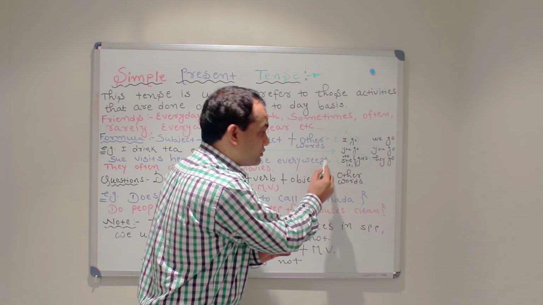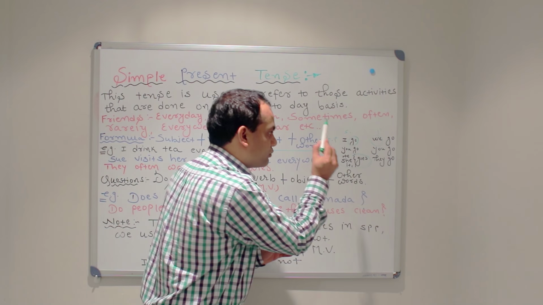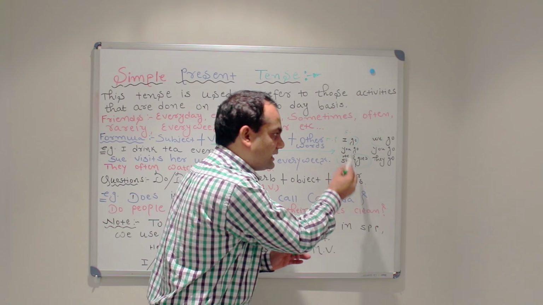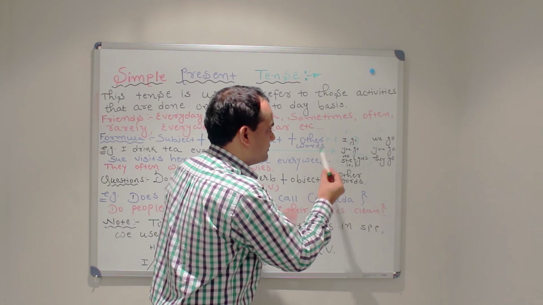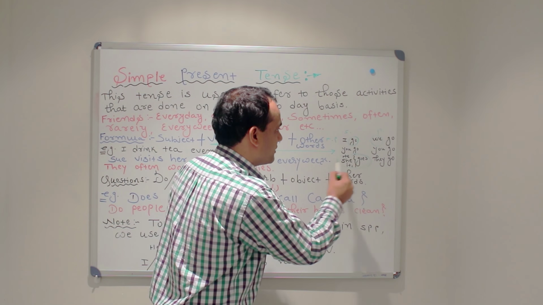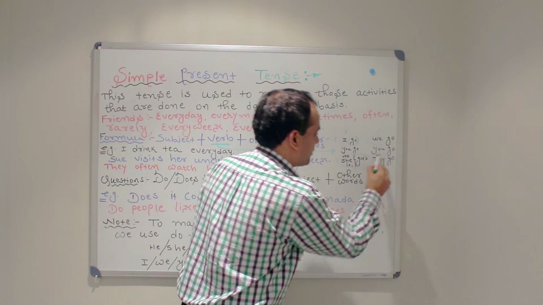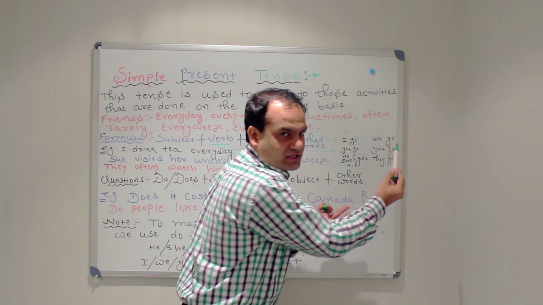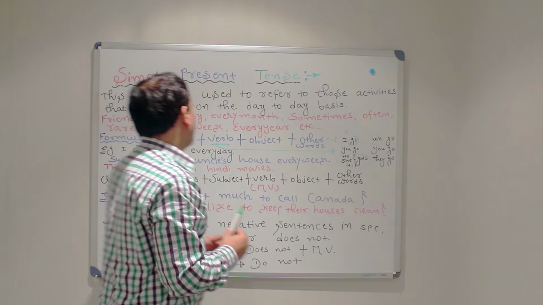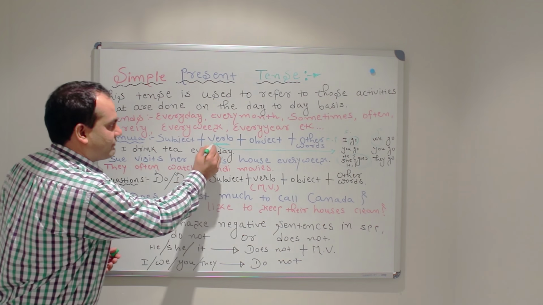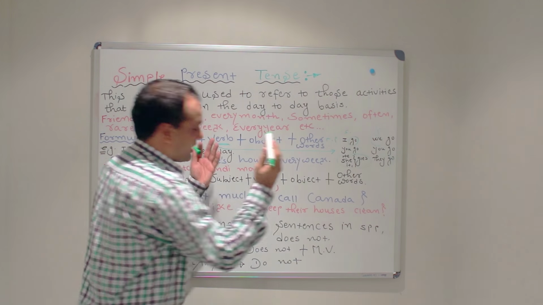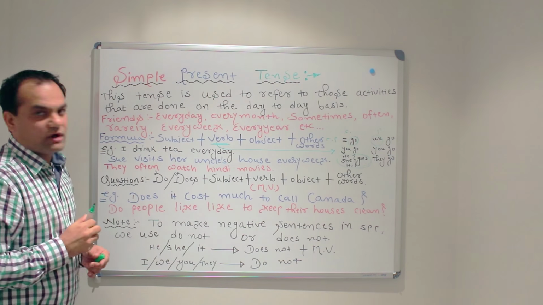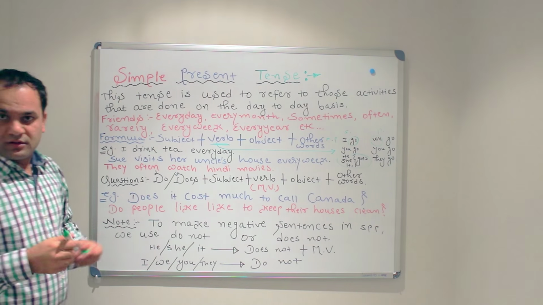If you are talking about third person singular, you have to attach either s or es behind the verb. Again, when you are talking about third person plural, same story, they go. No changes, you use the main verb. So, subject, then verb, then object, plus other words, and here you go. This is your formula for simple present tense.